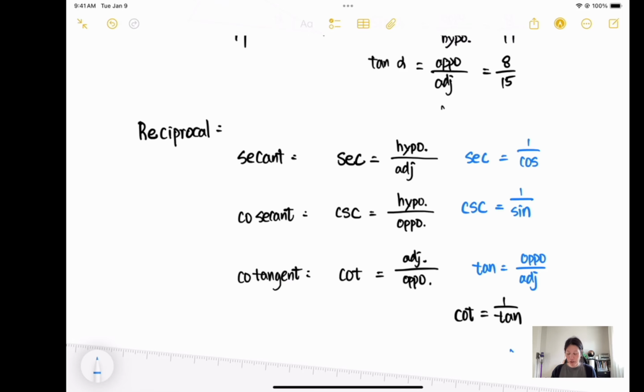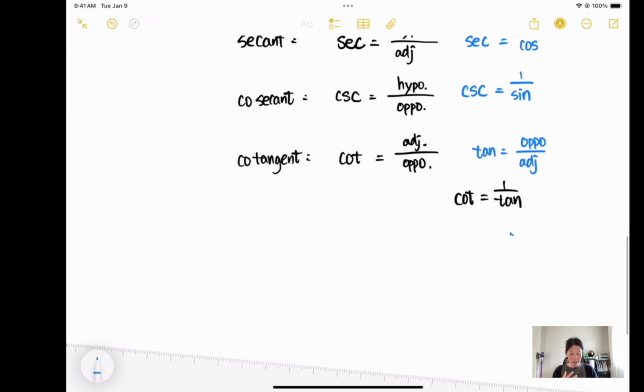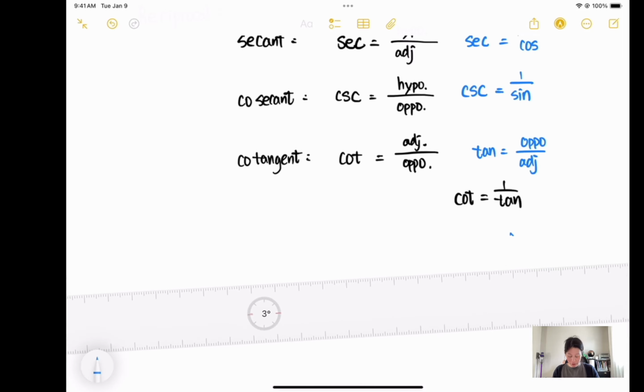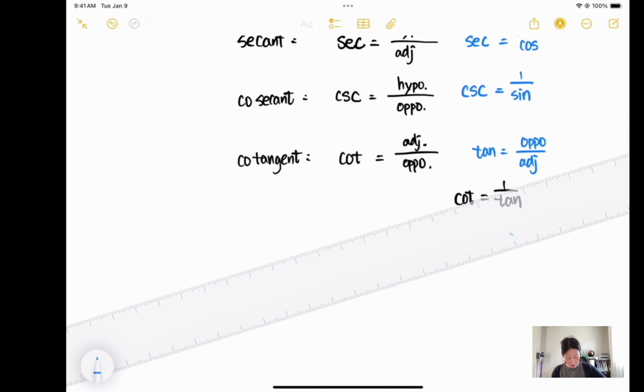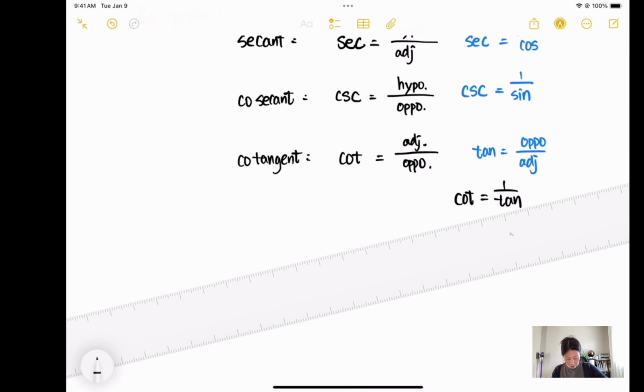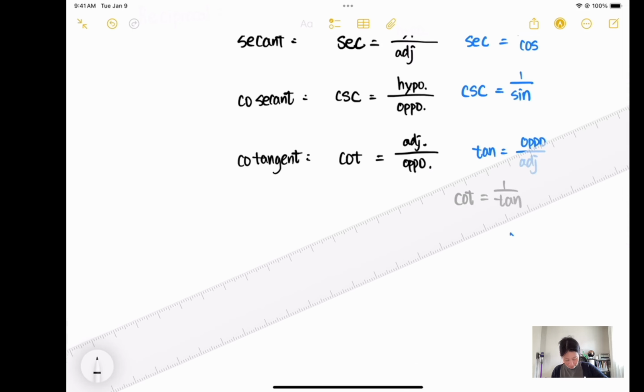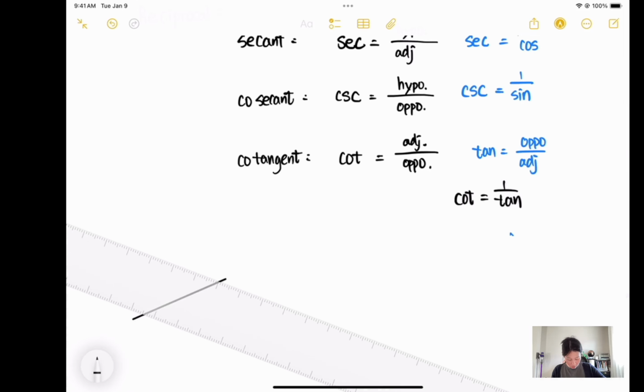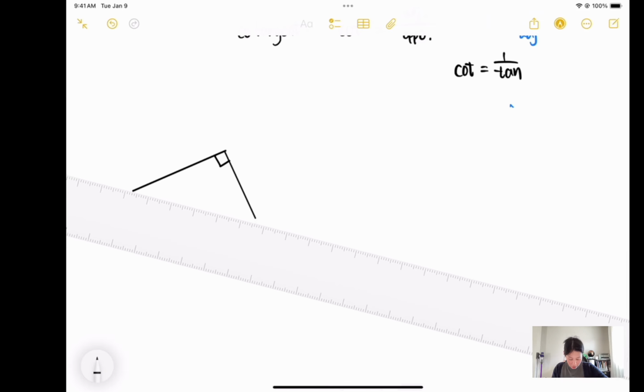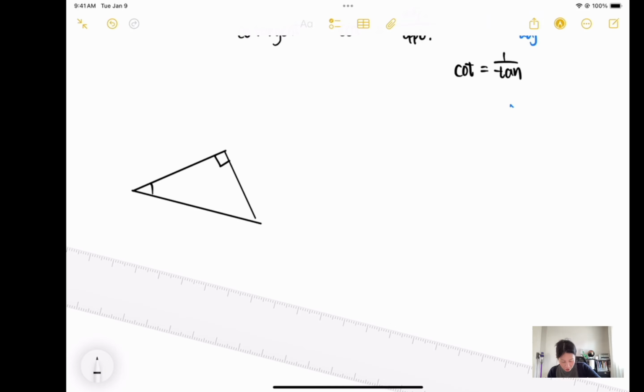Okay, when we talk about the trig functions, we are referring to the relative position of the angle. So that means sometimes your sine could be another angle's cosine. Now, here is an example. For example, I have a triangle here. So this is the right triangle, and we have two angles, alpha and beta, and we have the sides x, y, z.